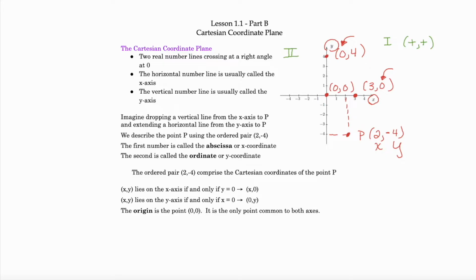These points have negative x values but positive y values. And then the third quadrant, continuing counterclockwise, has negative x's and negative y's. And then we end up with the fourth quadrant on the bottom right-hand side, where we have positive x values and negative y values.